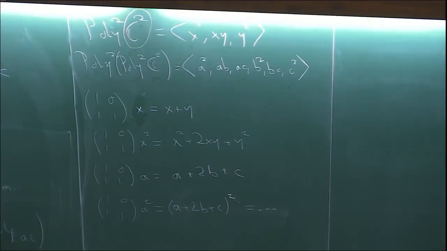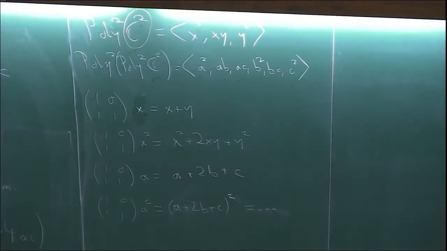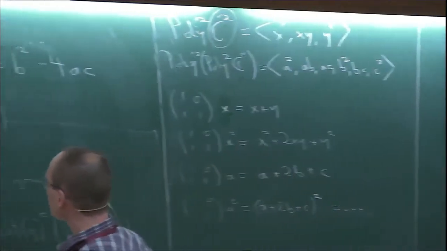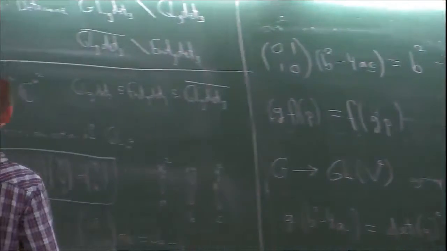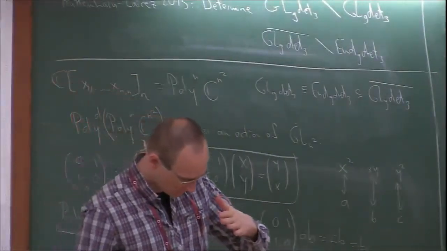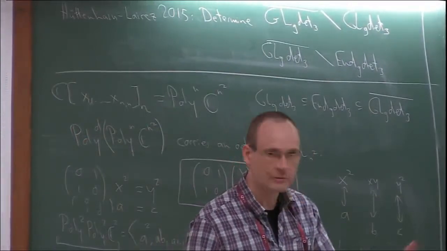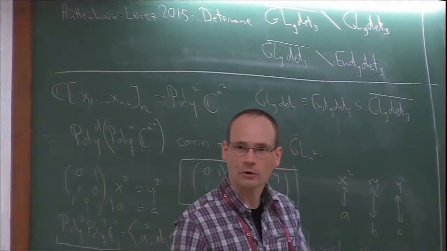This is the action that defines the discriminant as its invariant in this vector space. And so the goal is to study these polynomials. They are like the discriminant that can be used to separate points from orbit closures. Right? So that is the goal.